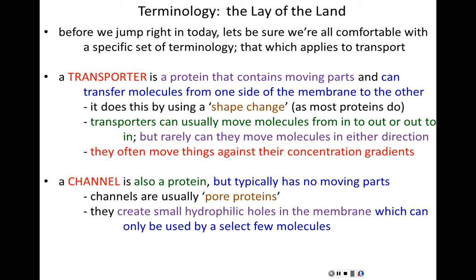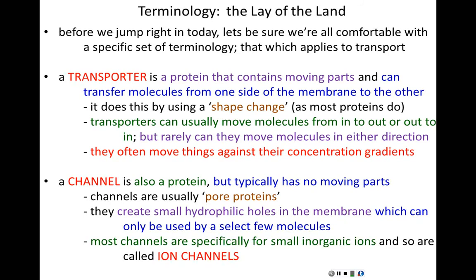These small holes are hydrophilic, so they are acceptable and favorable to hydrophilic molecules going through them, but they are selective, in the sense that not any hydrophilic molecule can move through any channel. There are specific channels for specific molecules.